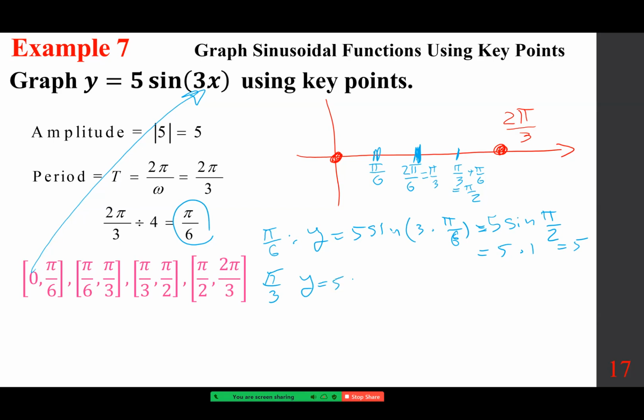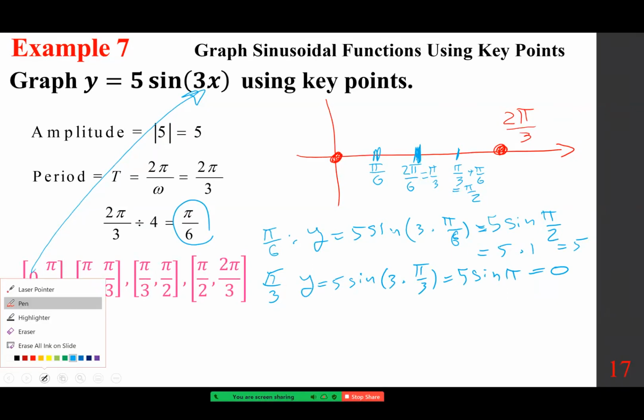Y is 5 sine 3 times pi over 3, which means 5 sine pi is 0, so 5 times that is 0. So what does it mean, just for the sake of argument? Okay, so 0 means 0, right? So we have 0, 0.